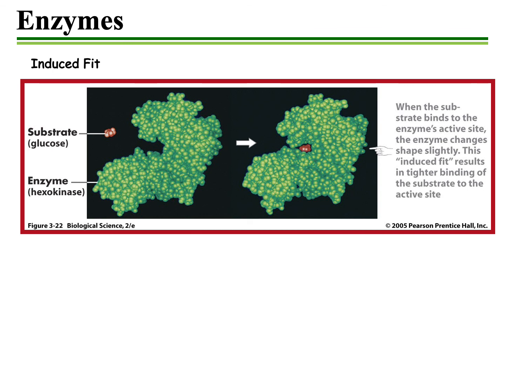For a long time, it was thought that enzymes and their substrates interacted like a lock and key mechanism. Now, that lock and key mechanism is not entirely incorrect because there is a specificity of an enzyme for its substrate. So any enzyme cannot just act on any substrate. There is specificity associated with that.